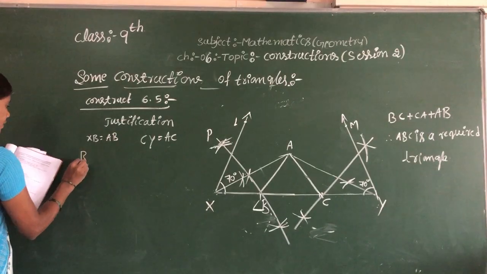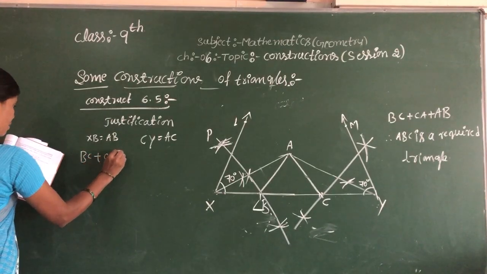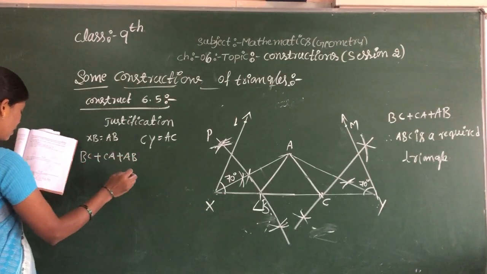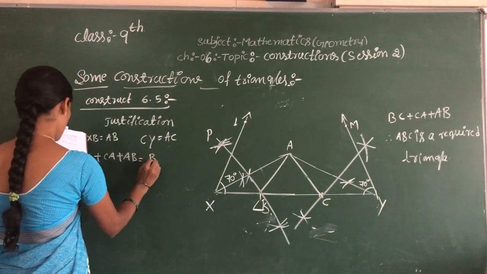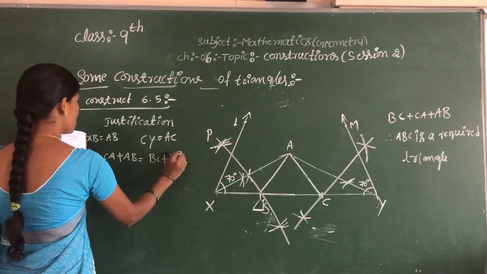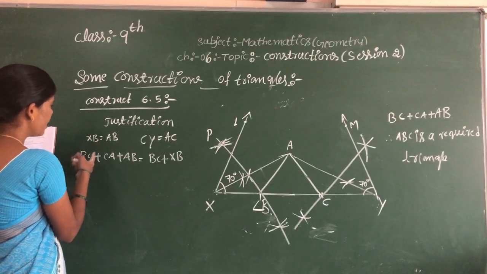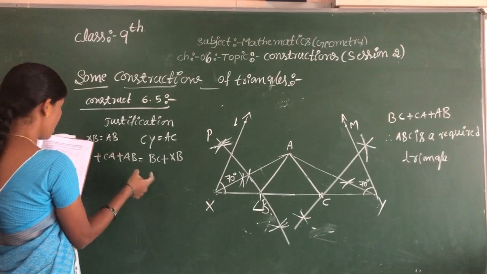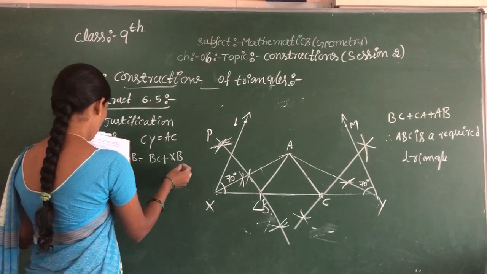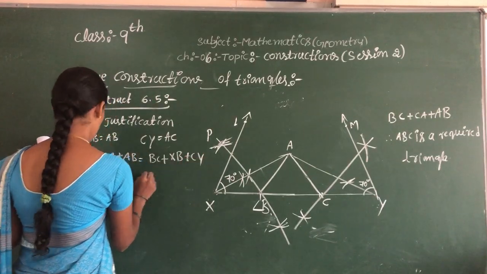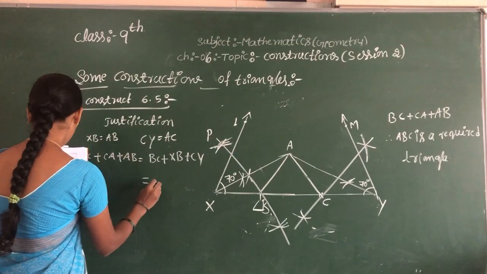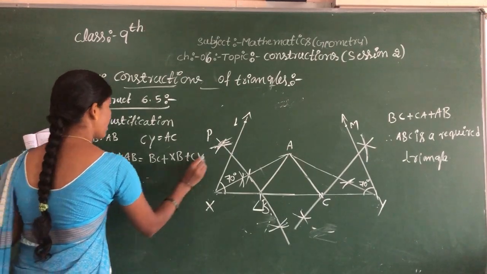In BC plus CA plus AB is equal to BC plus XB. So you should only use that. BC as it is, AB is nothing but XB and this is CY. This is equal to what? This is equal to XY.